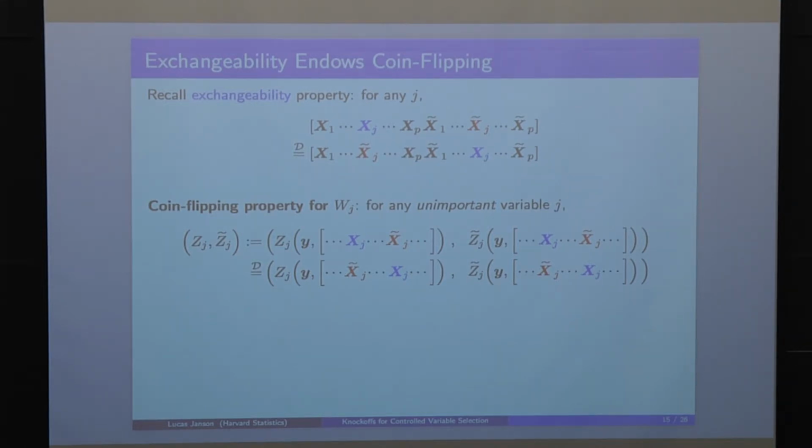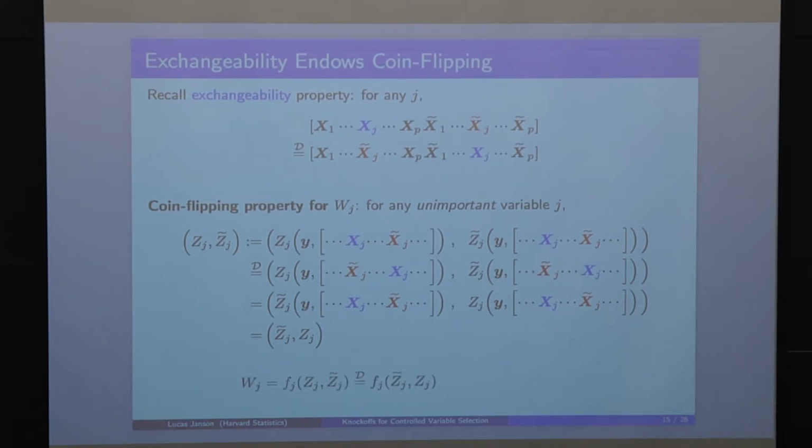So actually, if I swap the tildes on the z's and swap back my x's, I get the exact same thing. And now we can just get rid of all the functional notation and see that what we proved is that (zj, zj tilde) is equal in distribution to (zj tilde, zj).